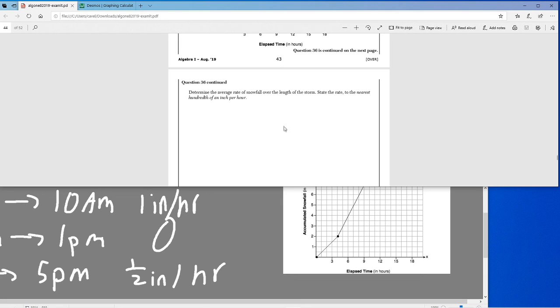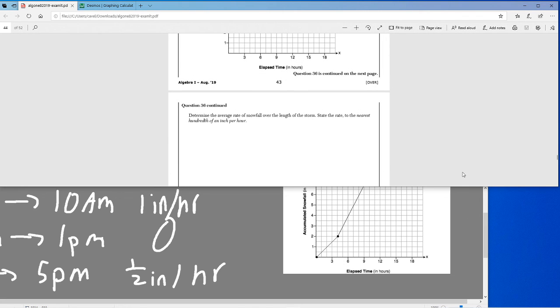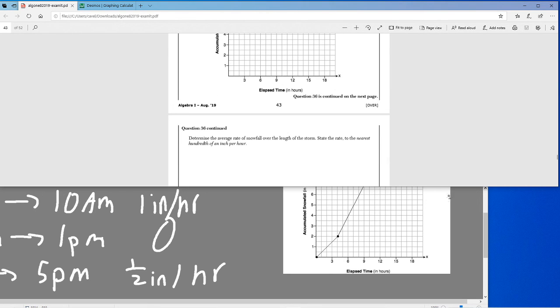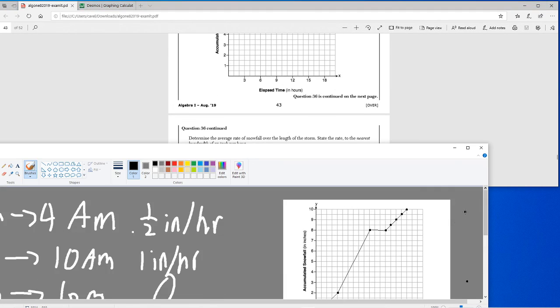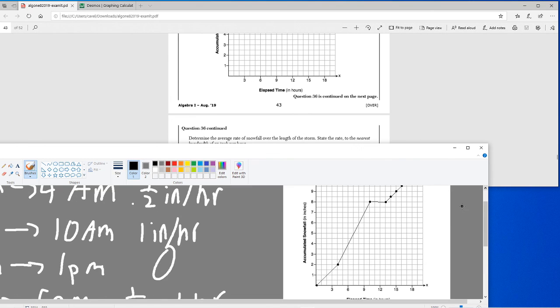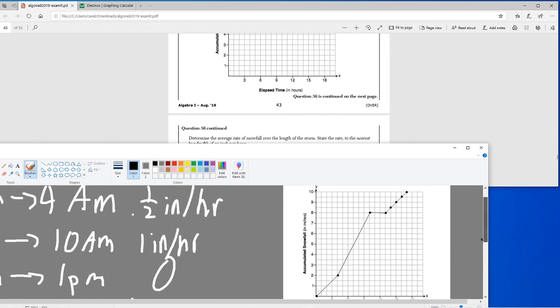Determine the average rate of snowfall over the length of the storm. State the rate to the nearest hundredth of an inch per hour. You got 10 inches of accumulated snowfall in a span of 17 hours.